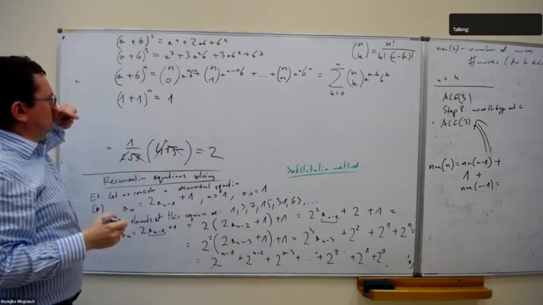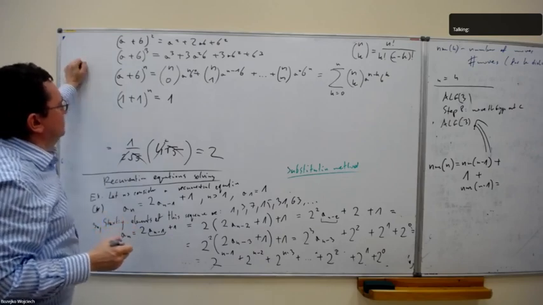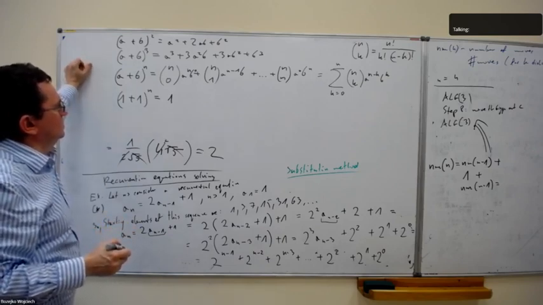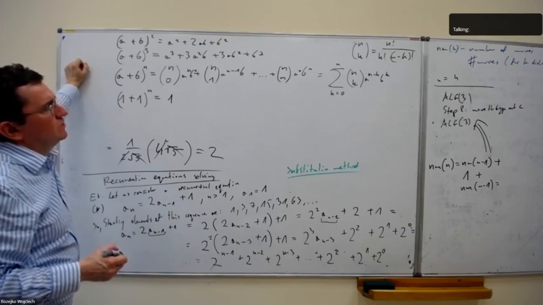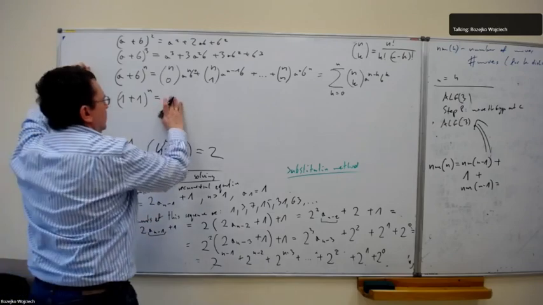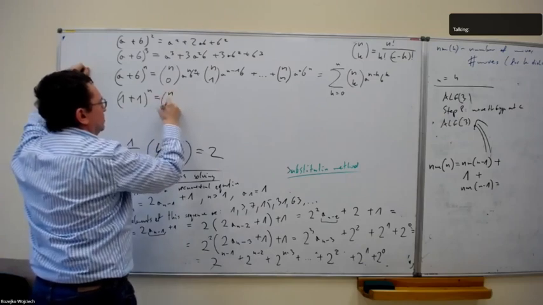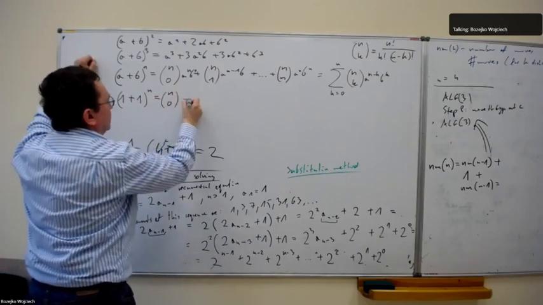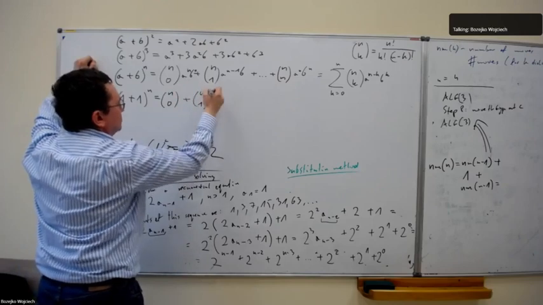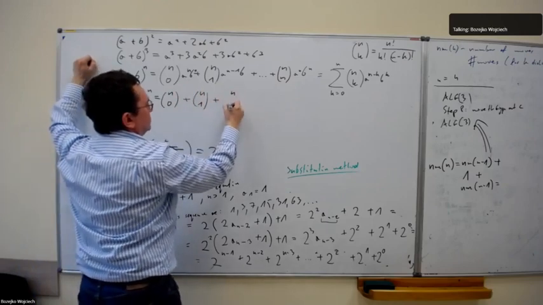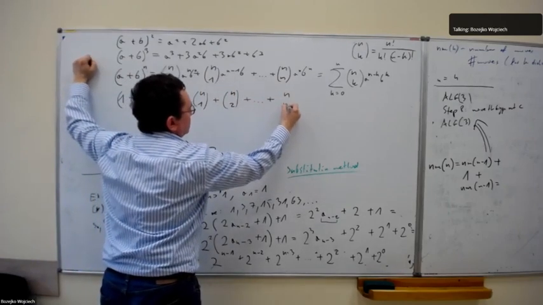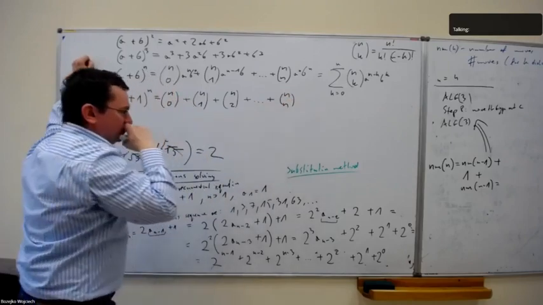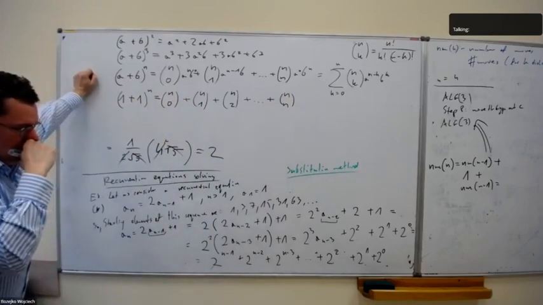Okay, so this is n choose 0, this is 1, plus n choose 1, plus n choose 2, and so on, plus n choose n. I don't know if this is a good equation here.